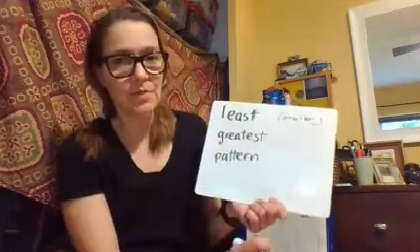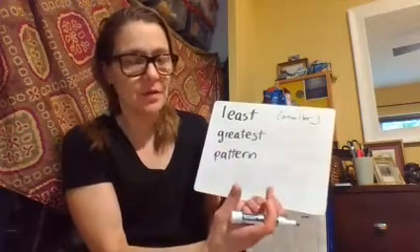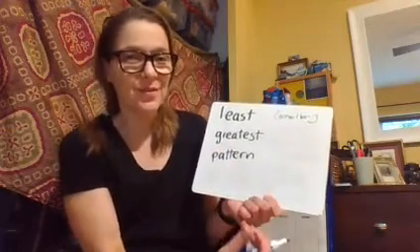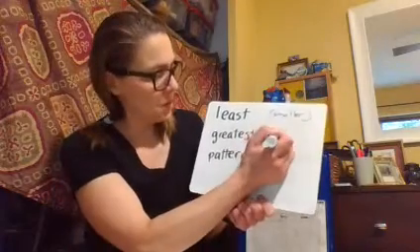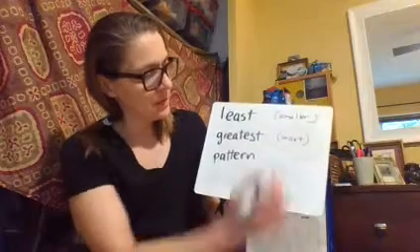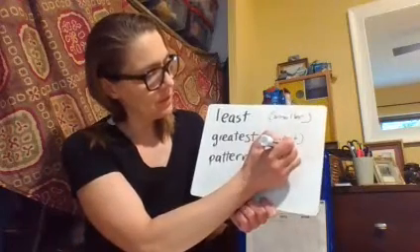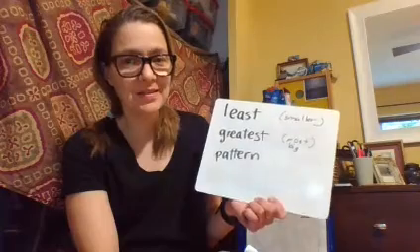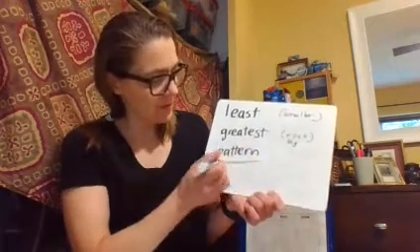Greatest is connected to the word greater, and it means more or the most, the biggest. We're looking for patterns that can help us. A pattern is something that repeats.